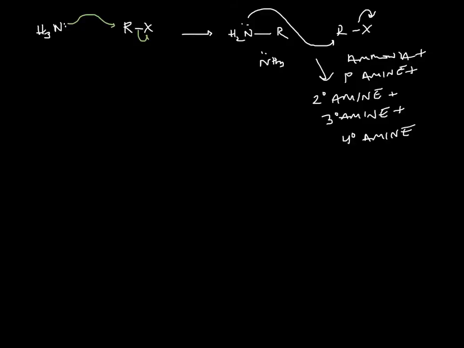There's one way that you can kind of get around this, and that is just to fool around with stoichiometry. So in this exact reaction, we tend to use iodine because iodine is the least basic of all, but any alkyl halide would work.